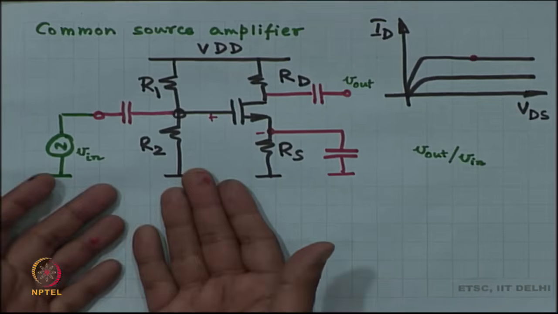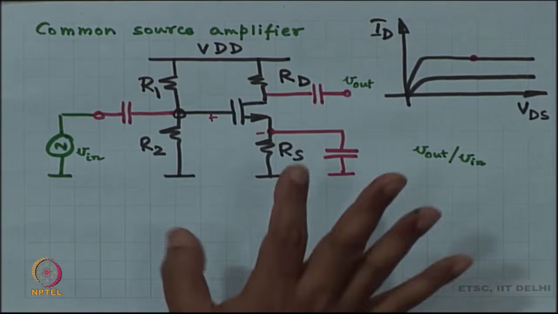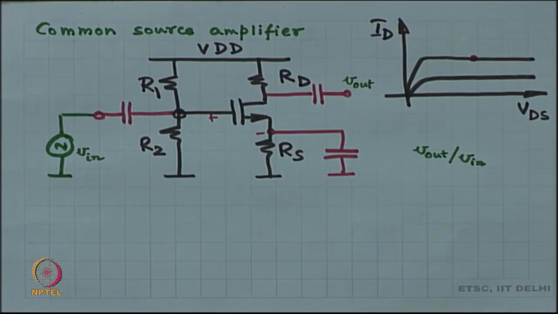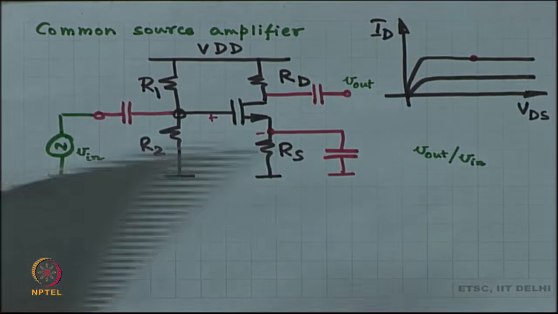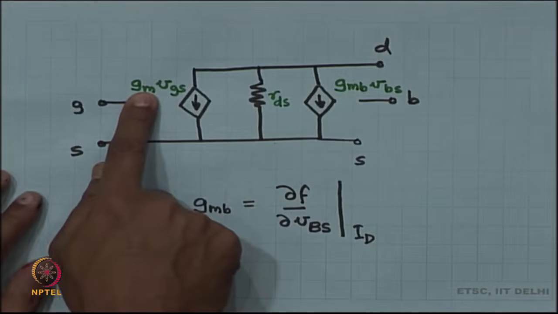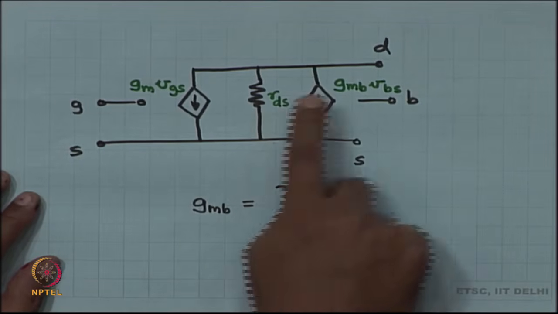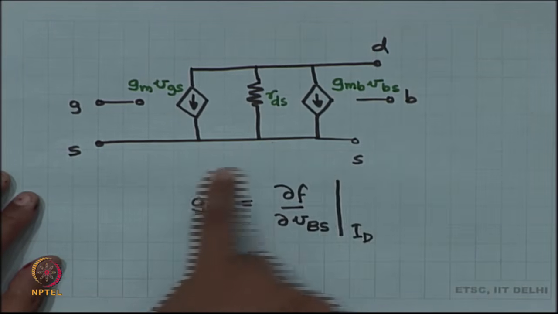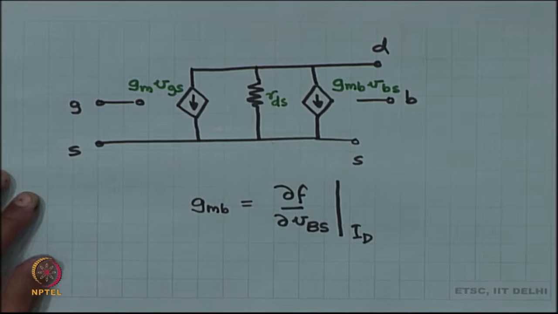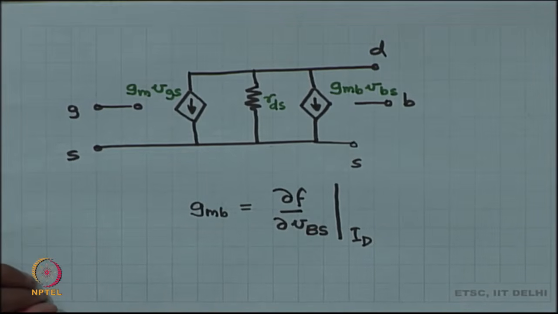To analyze the circuit, what we have to do is, first we find out the DC operating point, then we work out GM, RDS and GMB using our definitions, okay, by looking at the slopes of the curves.